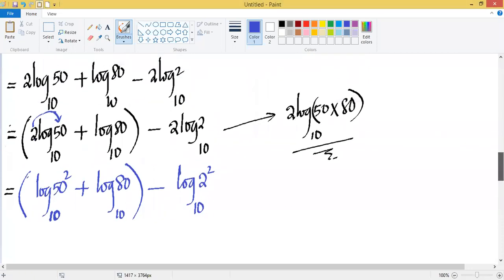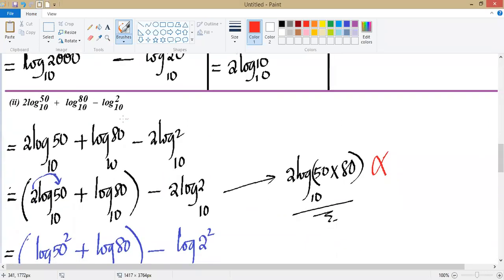Titus, is it okay? Excuse me, sir. This one would be a wrong step. Teacher, that log after the minus, in what I have, it doesn't have the 2 at the start.